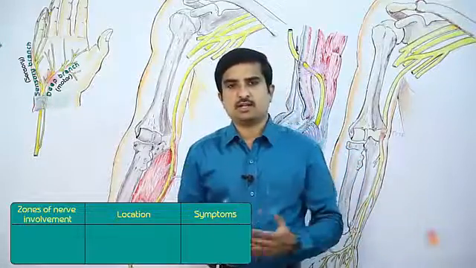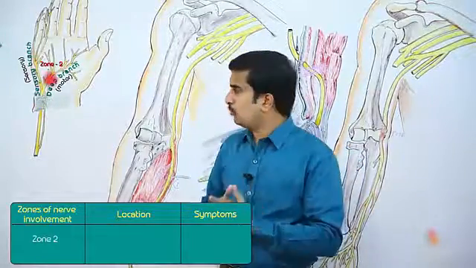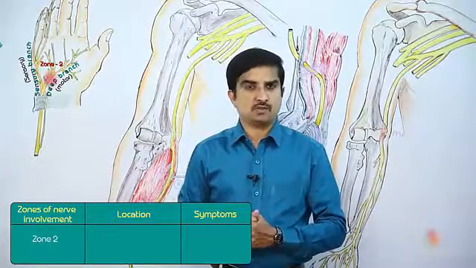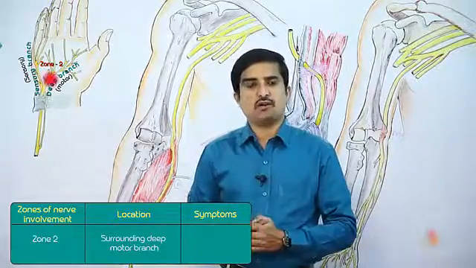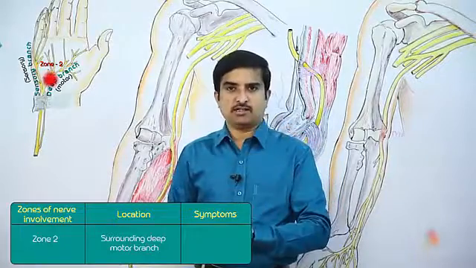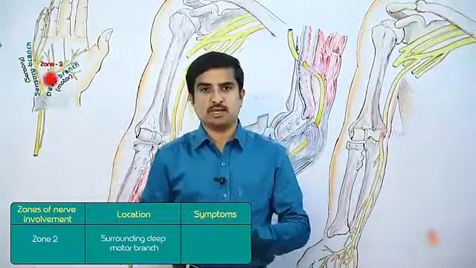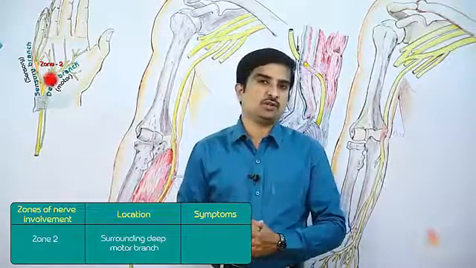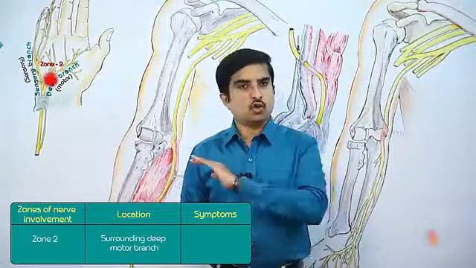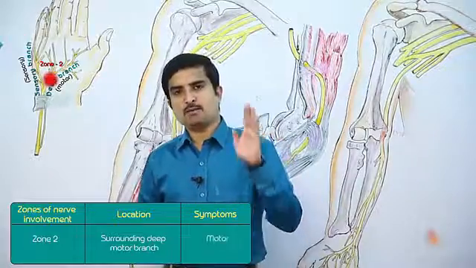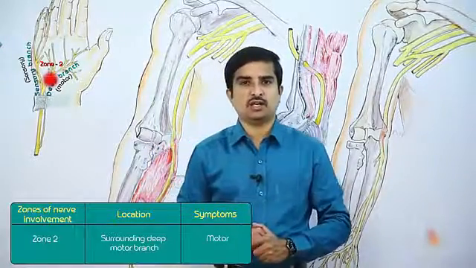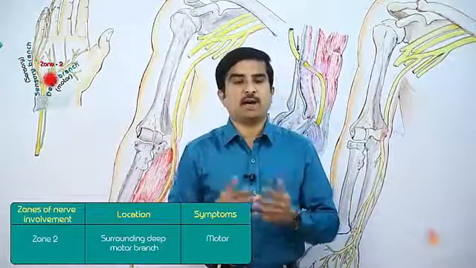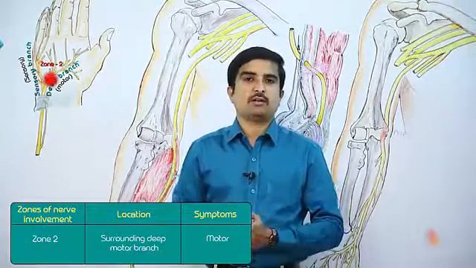And the next one is zone 2. Zone 2 means there is damage only to the motor branch, which means the deep branch of the ulnar nerve is involved. We already know that the deep branch is mainly motor and the superficial branch is sensory. Because of the injury to the motor branch, there are no sensory symptoms. All the muscles supplied by the motor branch are paralyzed.